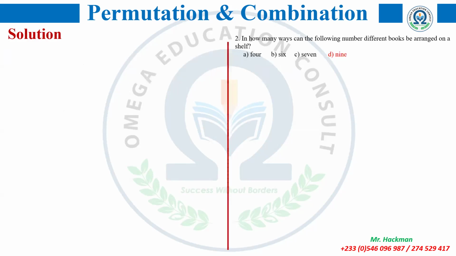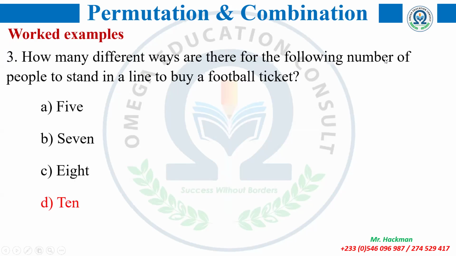Let's go back to the other one. You can see that the keyword was there, arrange. But in this one, do you see any keywords? Obviously no. But again, you look at the scenario. Usually when we are going to buy a ticket and we stand in a line, we are talking of arrangement.